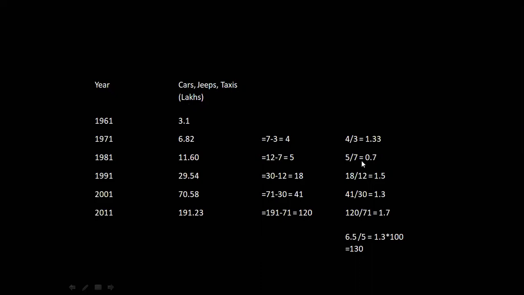Here they have asked for the average, so it's your wish, you can take 1 decimal point or 2 decimal points. My suggestion is you can stop after 1 decimal. It is just an approximation you are supposed to find out. So 1.3. Then 5 divided by 7, 5 is the increase, divided by 7. 5 by 7 will be 0.7. How can you find it out?